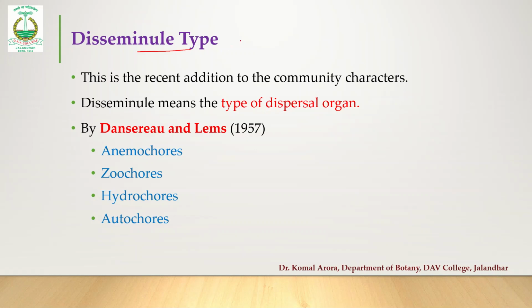Now the next qualitative character is disseminule type. It's not there in your book, so we'll just write a small paragraph on this. Disseminule means now we are defining plants on the basis of their dispersal organ. Which agency is involved in the dispersal of seeds or fruits?